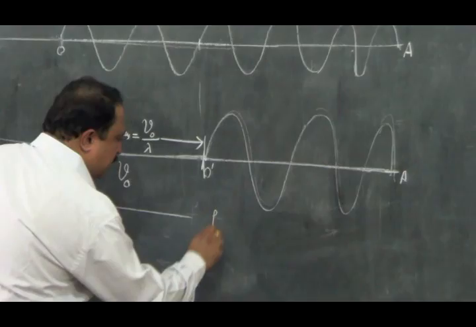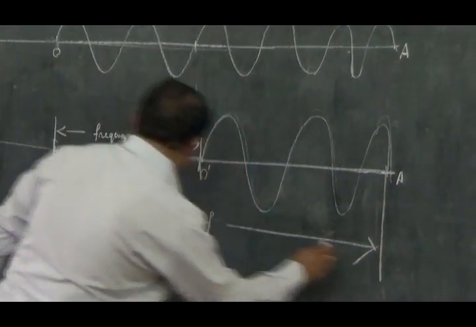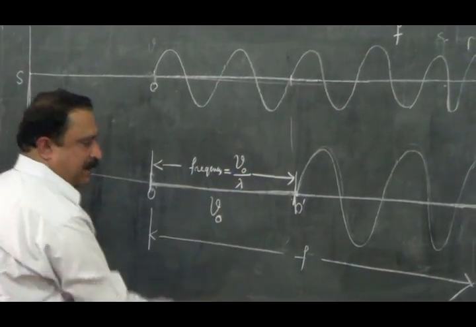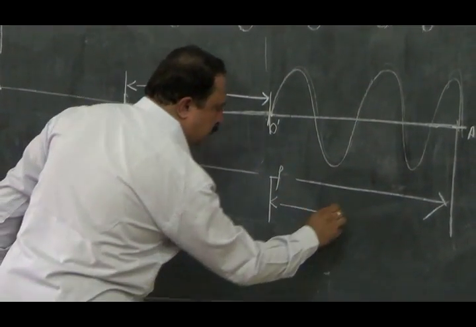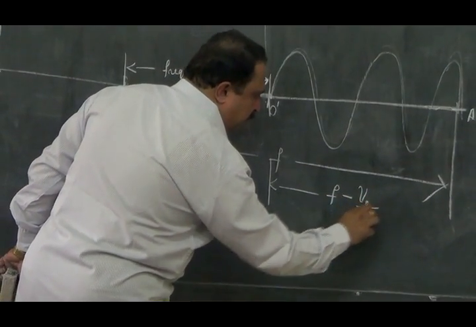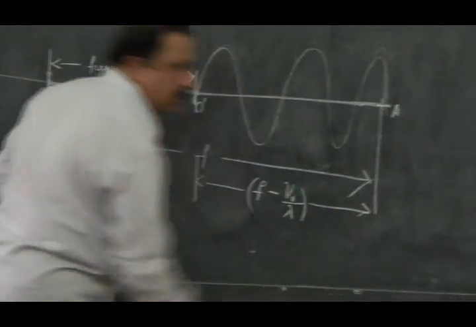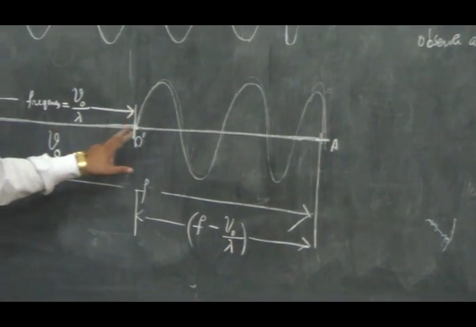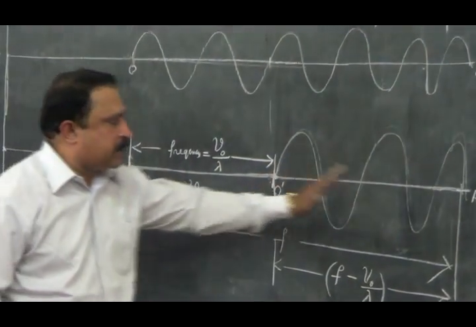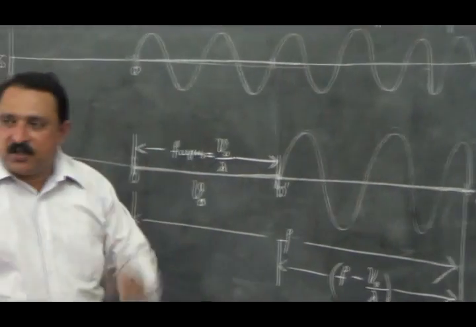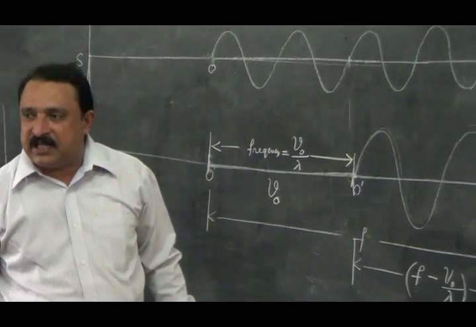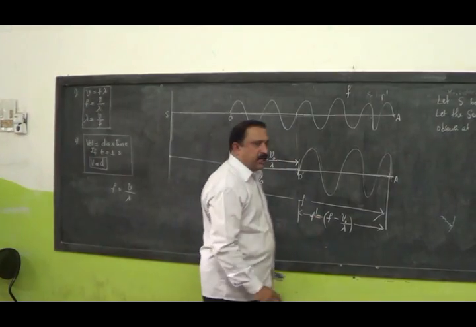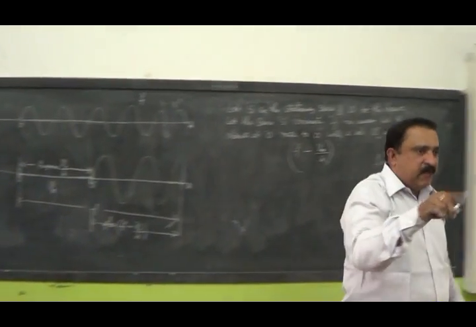Entire is how much? F. Here to here is how much? V naught by lambda. So here to here is how much? F minus V naught by lambda. What is this F minus V naught by lambda? It is the frequency that the person who has moved from O to O dash starts perceiving. So is it actual frequency or apparent frequency? Apparent frequency. So we can say F dash. F dash equals F minus V naught divided by lambda.